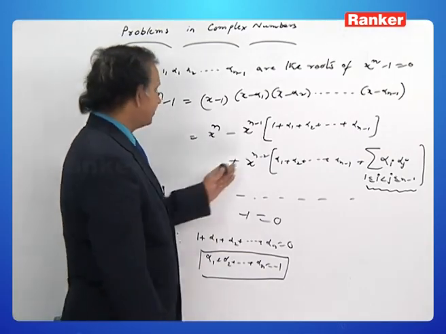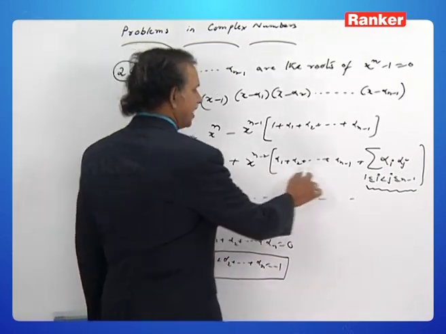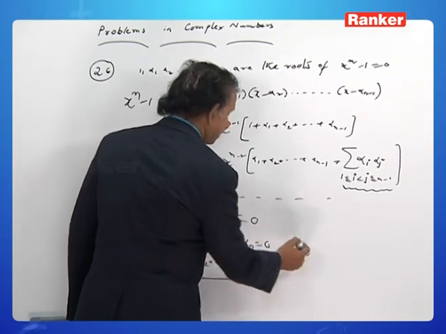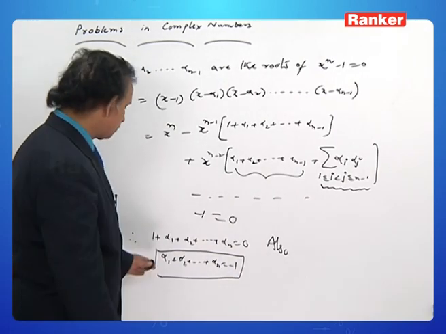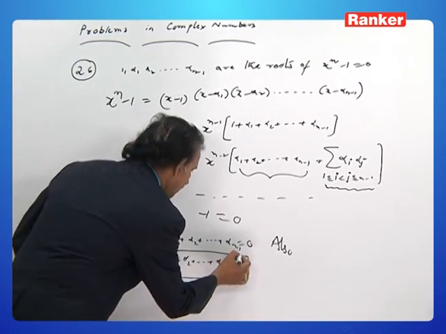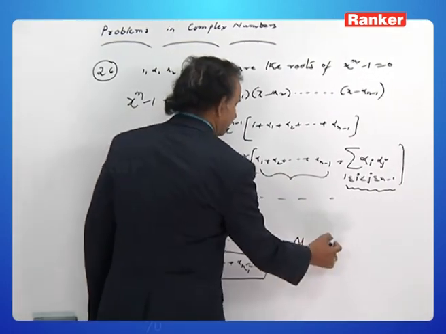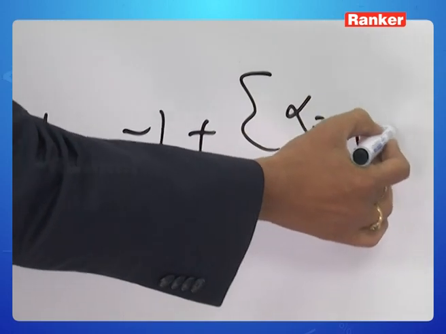Again, the coefficient of x^(n-2) is also 0. That is, this entire thing is 0. And in this place, alpha 1 plus alpha 2 plus etc. alpha n minus 1, what can you write? Minus 1. Therefore, minus 1 plus sigma alpha i alpha j is equal to 0.